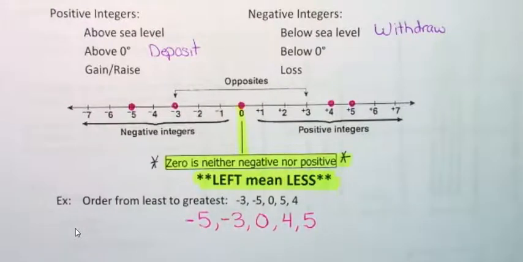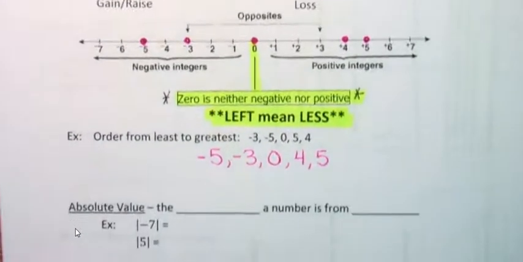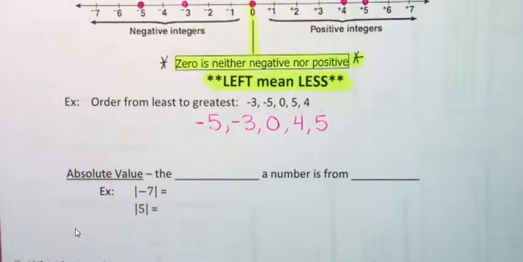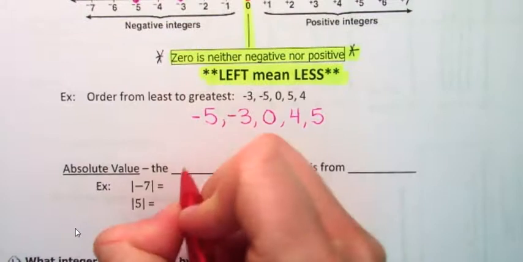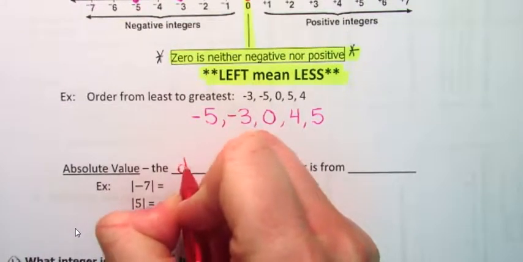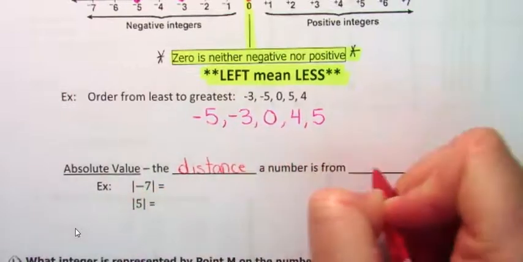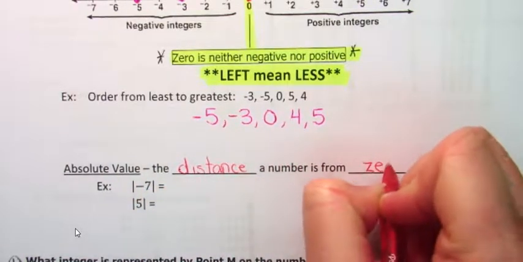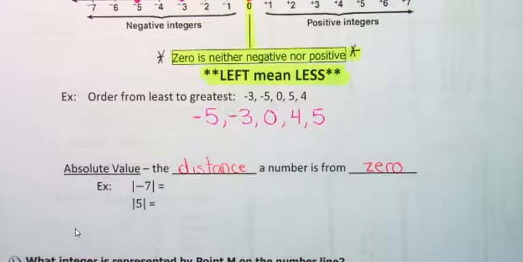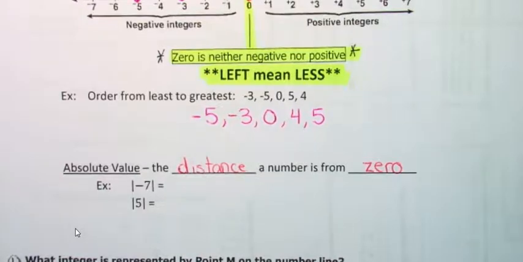And then the last thing we talked about when we did integers was absolute value. Absolute value is the distance a number is from 0.